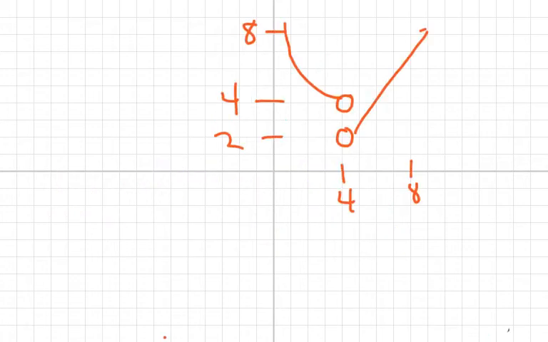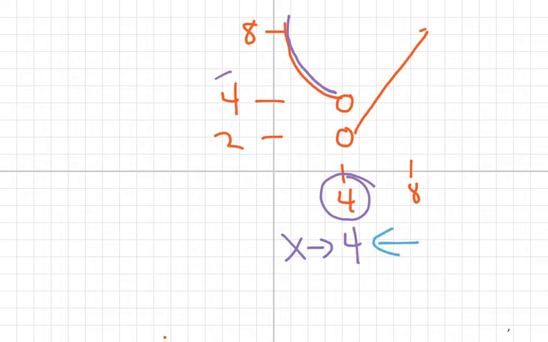And the next one, it's going to be the same thing. We're looking at this 4 here. So as x approaches 4 from the left, or in this case from this side, we get 4 here. However, as x approaches 4 from the right, this part, we get to 2.